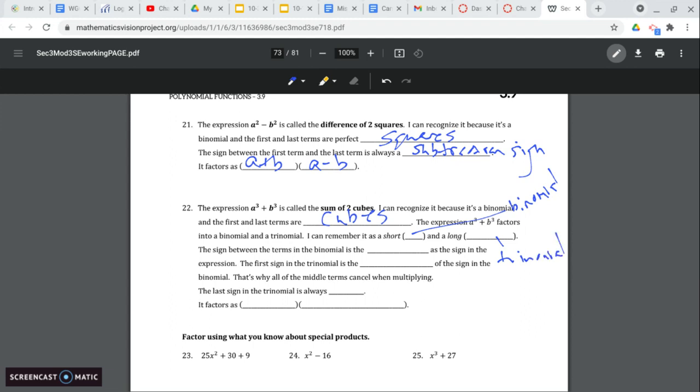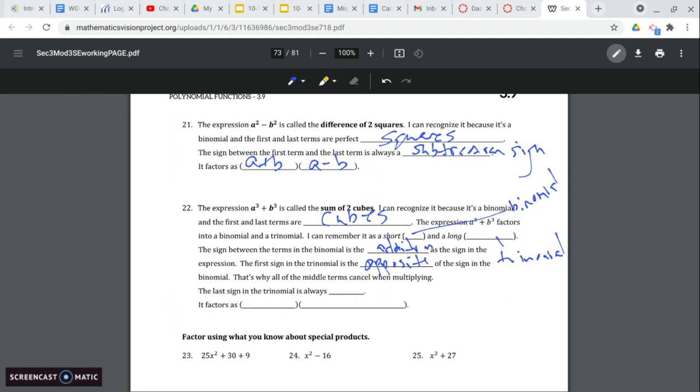The sign between the terms in the binomial is addition, the same as the sign in the expression. And the first sign in the trinomial is the opposite of the sign in the binomial. That's why all the middle terms cancel when multiplying.